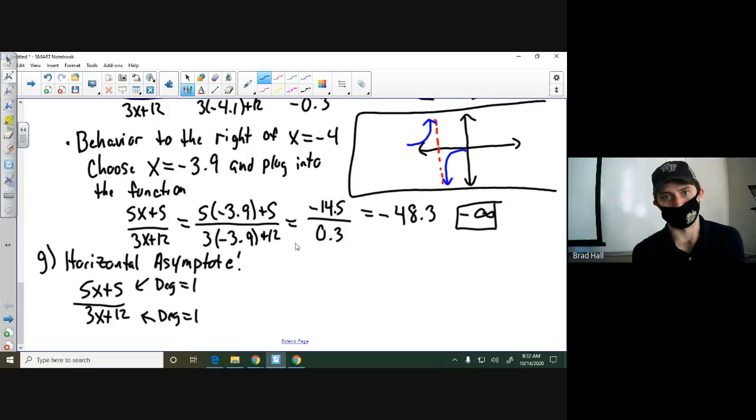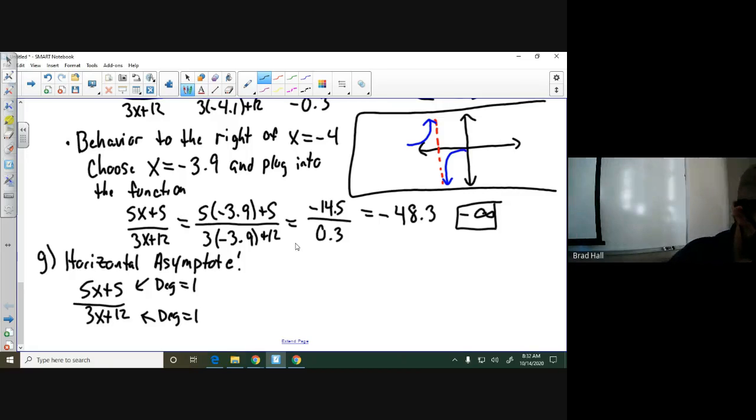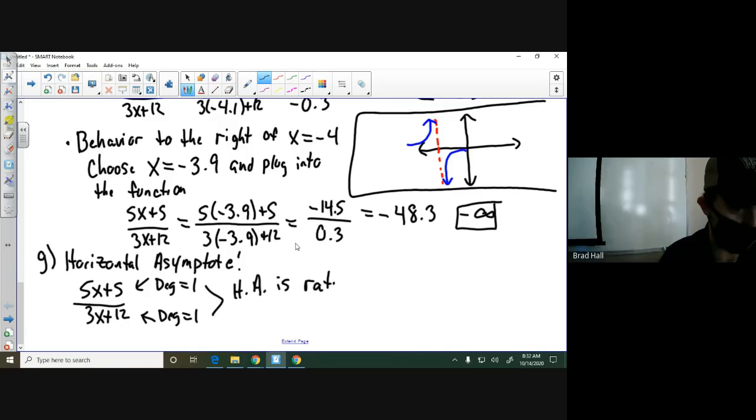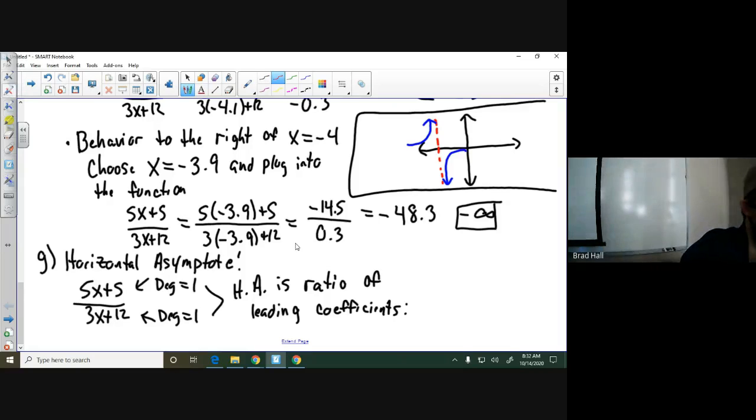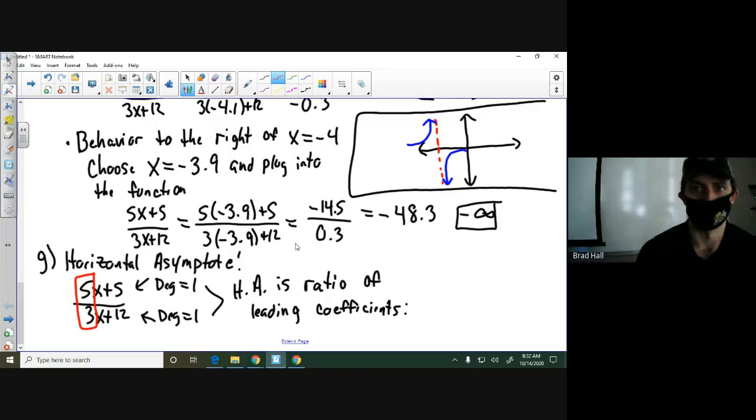Remember, that's the highest exponent of the variables. So with the degrees being the same, the horizontal asymptote is the ratio of the leading coefficients. Ratio is fraction, leading coefficients are the numbers in the front. So it's 5 over 3.